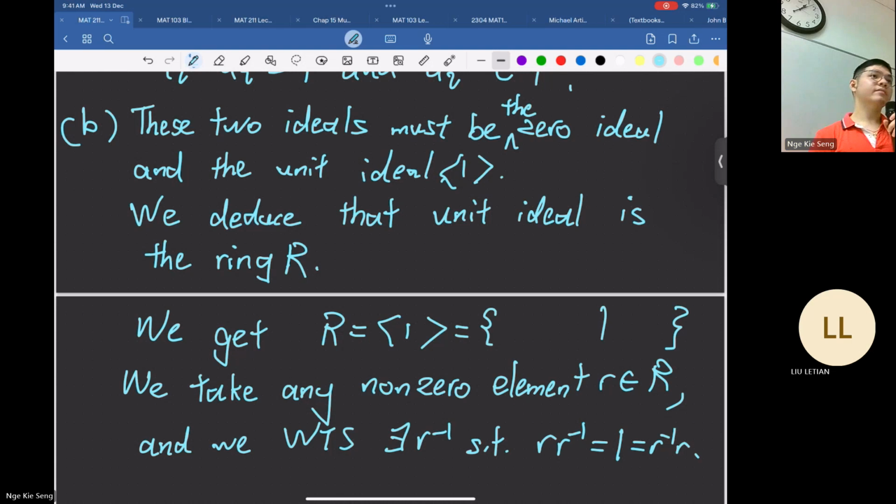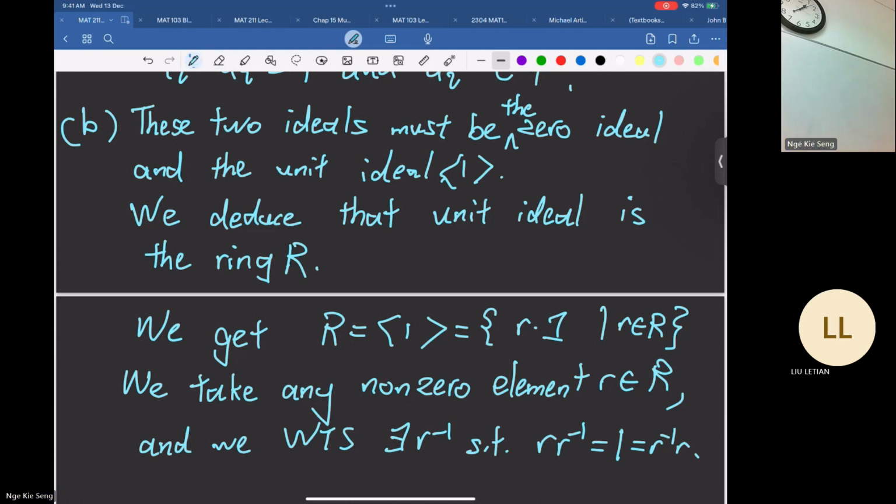What do the elements look like? The principal ideal generated by one. How do I write it? R times a. So what's a here? 1. Where these are in my ring.